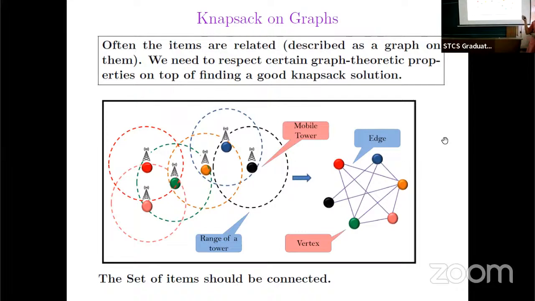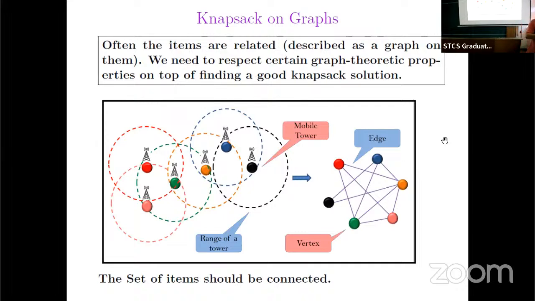So the question is, which subset of cell towers I should open so that it's budget feasible and maximizes my profit. And on top of it, the induced graph on the subset of vertices is connected. So that's the extra constraint. So I call this connected knapsack.